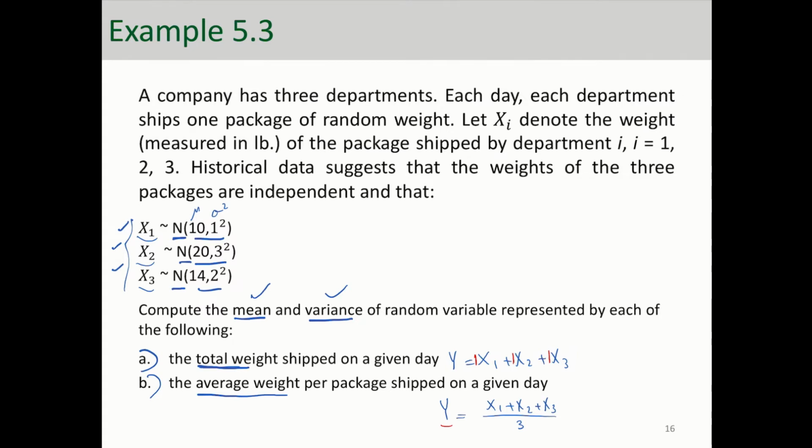Well, if you look at this linear combination, it's really 1/3 of X1 plus 1/3 of X2 plus 1/3 of X3. So the C values or those coefficients are just 1/3. Well, the problem is almost solved, right? Because as long as you can figure out the linear combination, then the rest is just simple math.